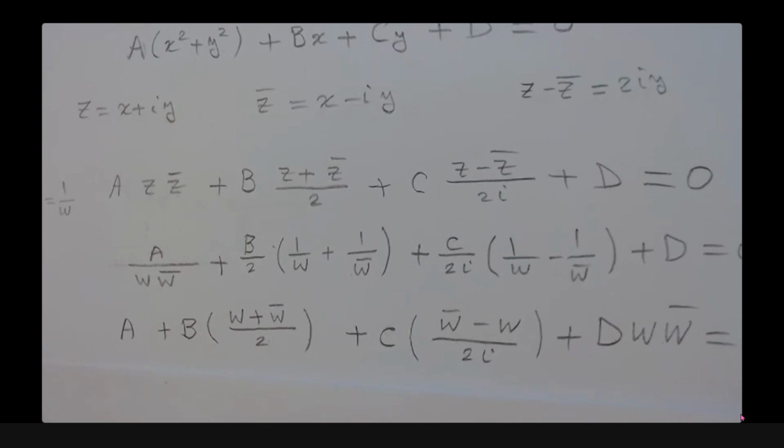In the UV plane, remember, the image will be in the UV plane. W plus W bar over 2 is just u. Here, this is v. And here is u squared plus v squared. Okay?